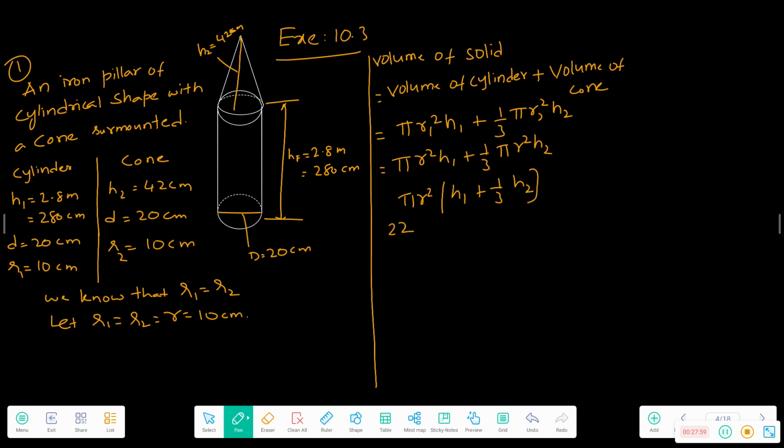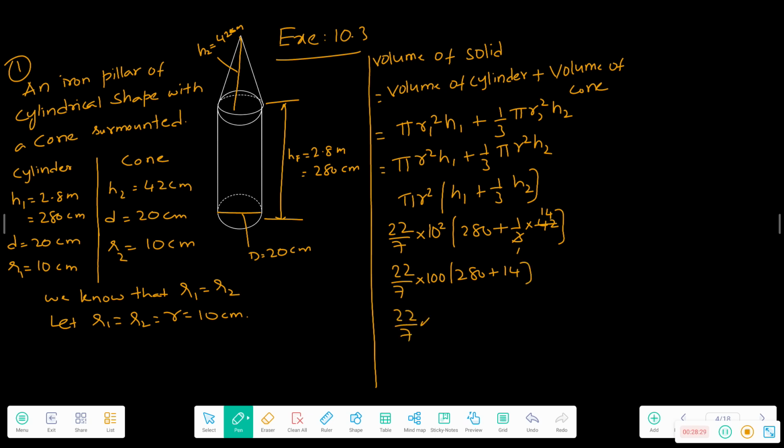The pi value is 22/7, r value is 10, so 10 square. The h1 value is 280 centimeter plus 1/3 times 42. 3 ones are 3, 3 14s are 42, so it becomes 14. So 22/7 into 100 into 280 plus 14, that is 294.